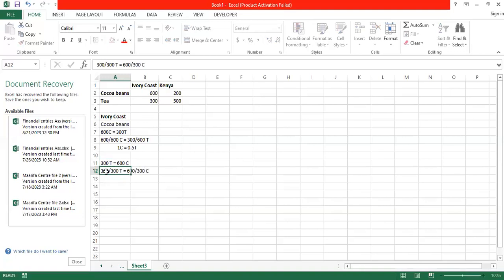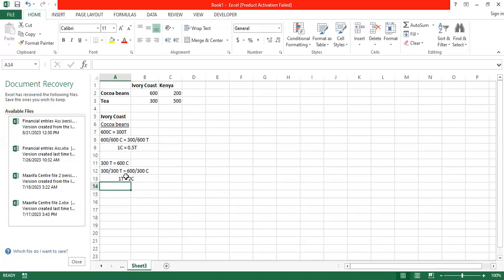We simply want to find the price of 1 ton of T, right? So 300 into 600 should give you 2, right? Which means the opportunity cost of producing 1C, or 1 cocoa beans, is 0.5 T, and the opportunity cost of producing 1 T is 2C.